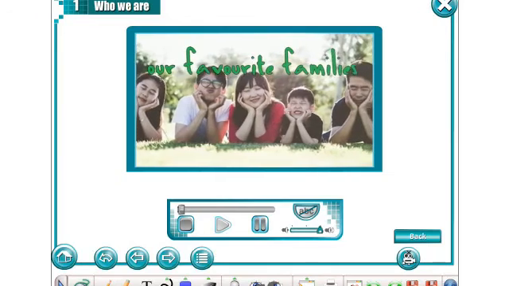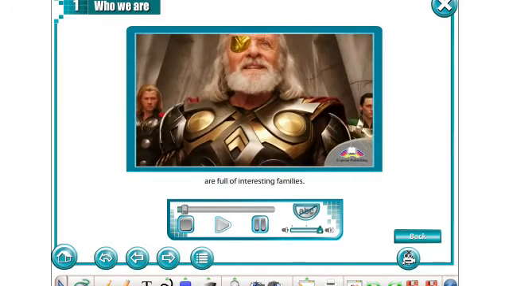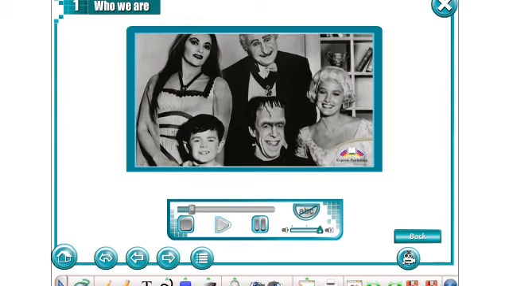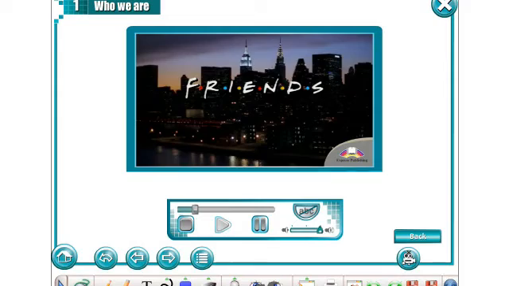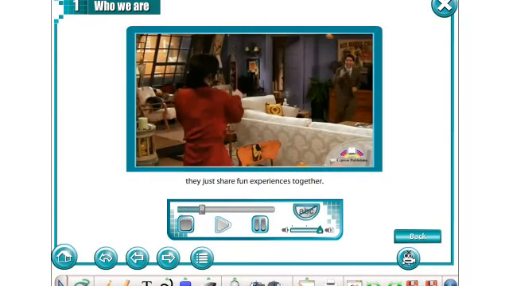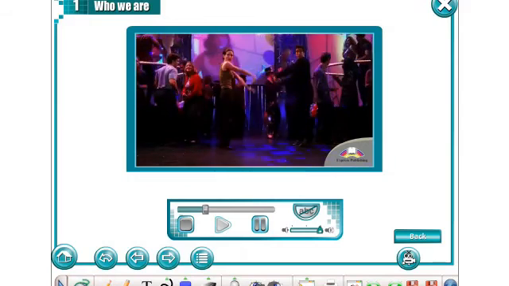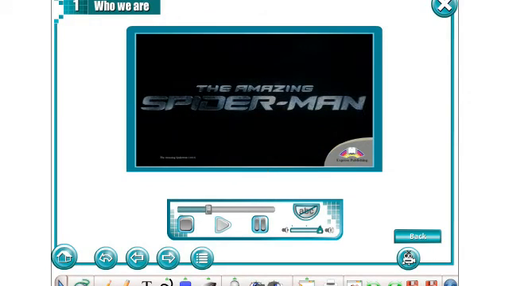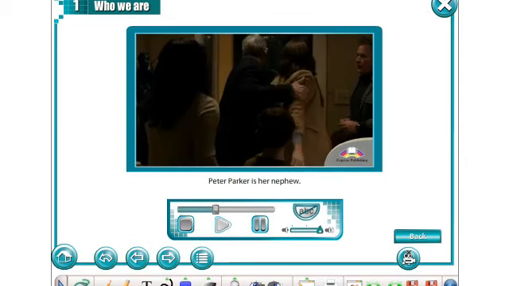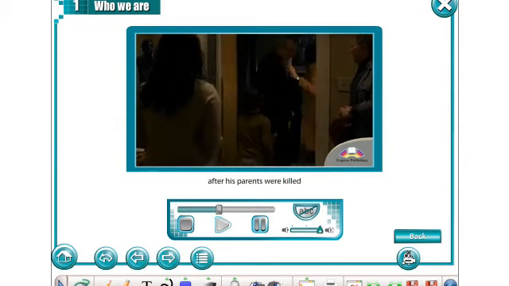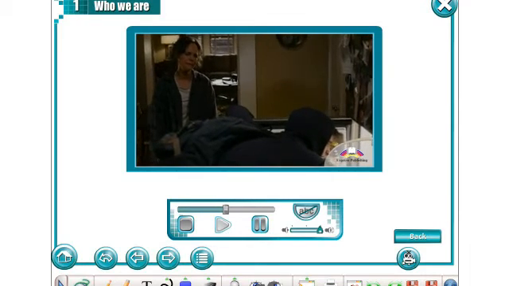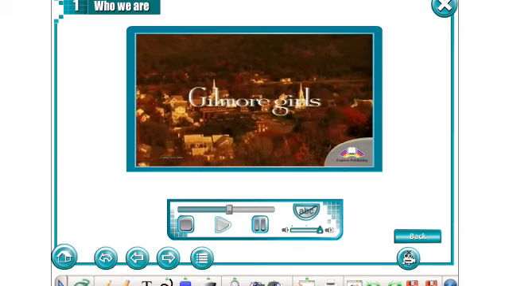Our favourite families. Television shows and films are full of interesting families. Let's take a look at some of our favourites. Friends. Ross and Monica are brother and sister. Sometimes they feel sibling jealousy, but most of the time they just share fun experiences together. Spider-Man. Aunt May is the sister-in-law of Peter Parker's father. Peter Parker is her nephew. She became his guardian after his parents were killed, and she provides moral guidance to help him as Spider-Man. Gilmore Girls.